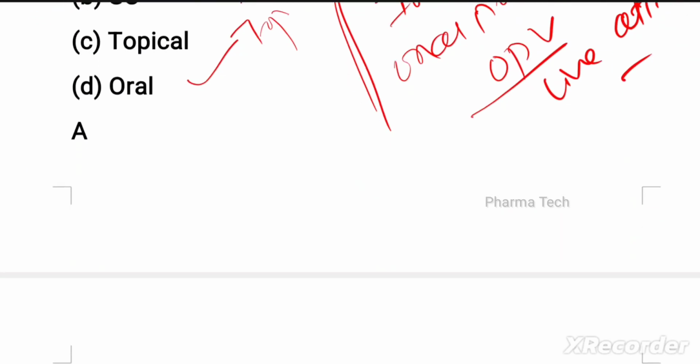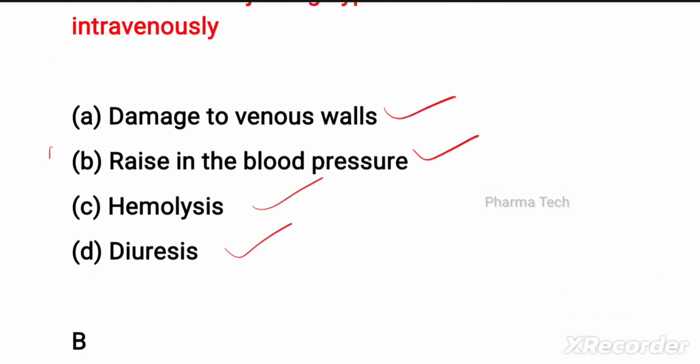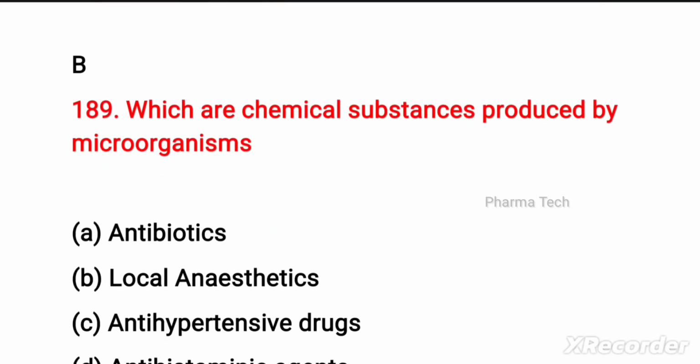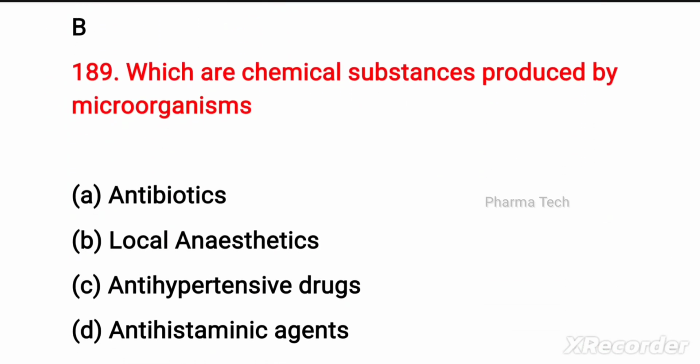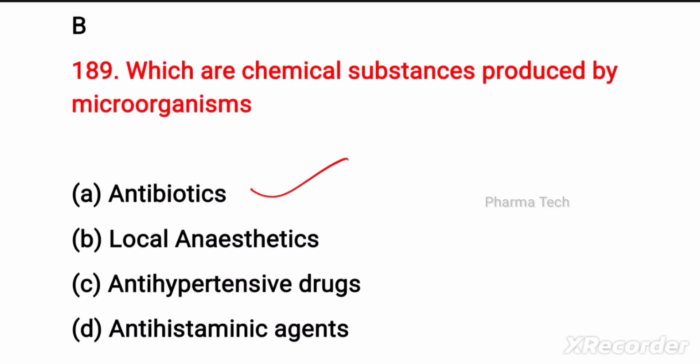Next question, effect of injecting hypotonic saline intravenously. Options are damage to venous walls, raise in the blood pressure, hemolysis, diuresis. Answer is B, raise in the blood pressure. Next question, which are chemical substances produced by microorganisms? Options are antibiotics, local anesthetics, antihypertensive drugs, antihistaminic agents.